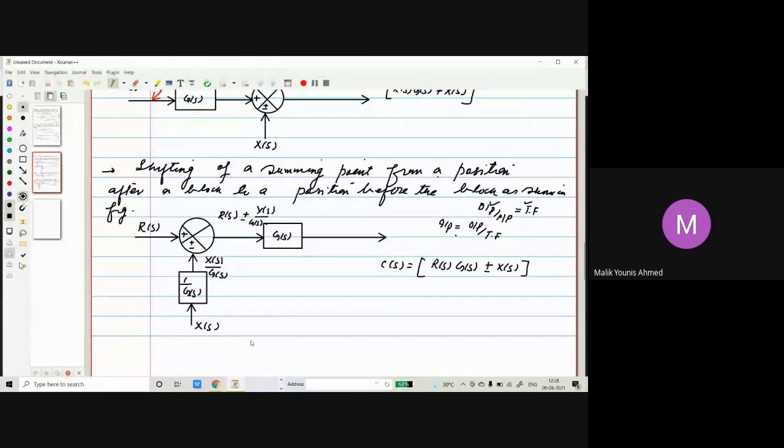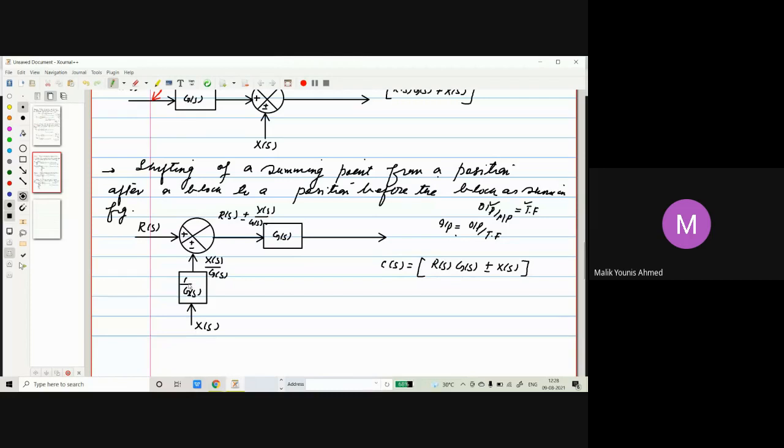So in a nutshell, if we have to shift a summing point from a position after the block to a position before the block, then we have to take the reciprocal of the transfer function.